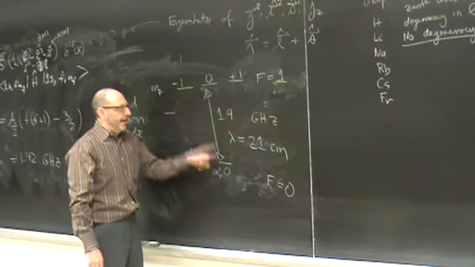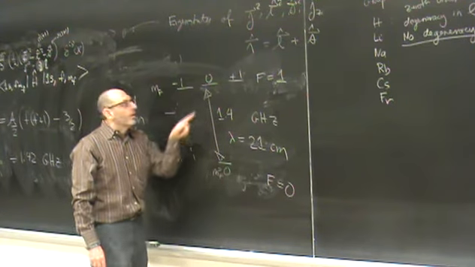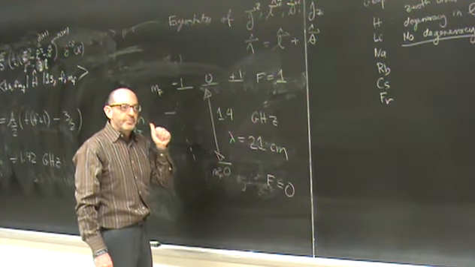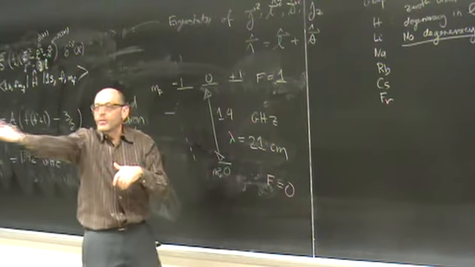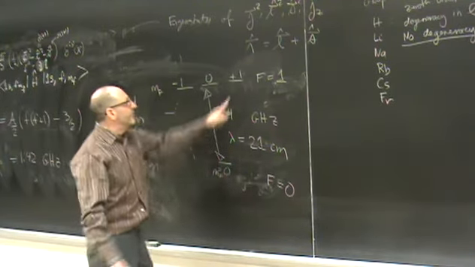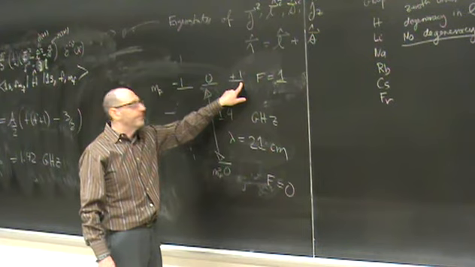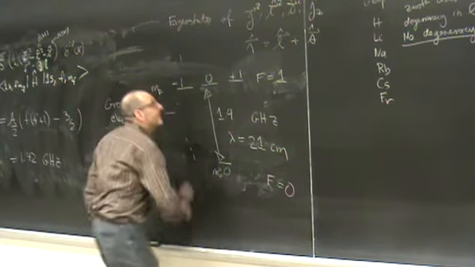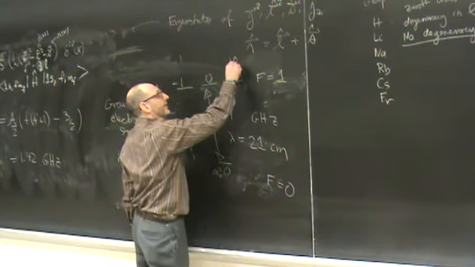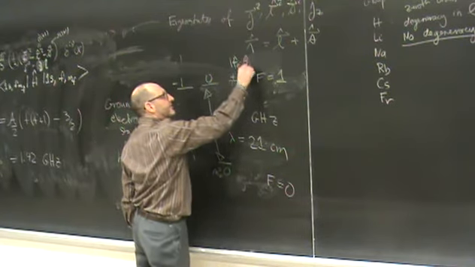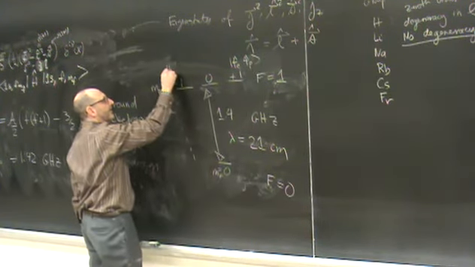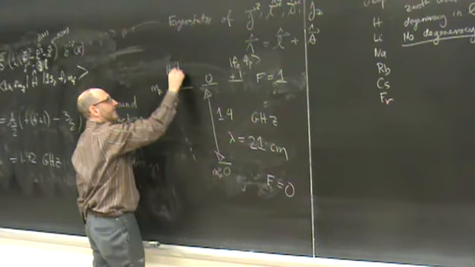Finally, what are these states when written in terms of spin up and spin down of the electron and proton? Those are our 4 states. This state has to be both of these spin up, so this is up electron, up proton. That's a stretch state. And this one is down electron, down proton.